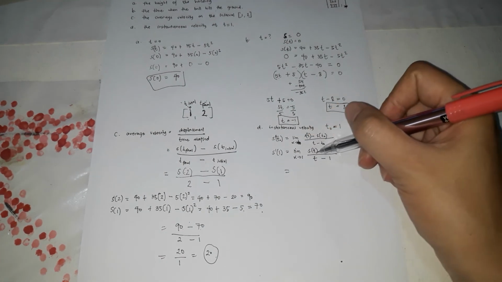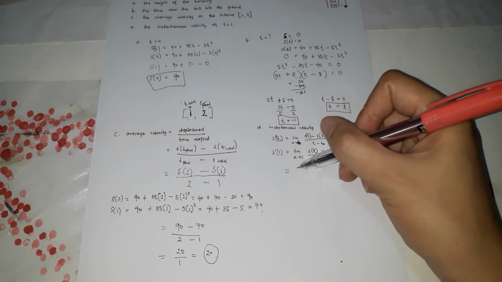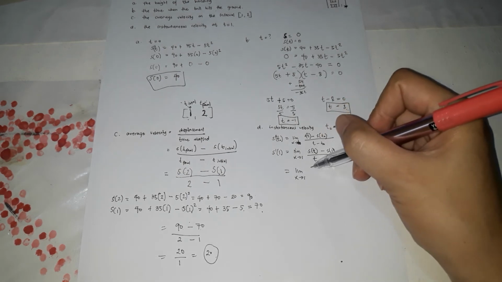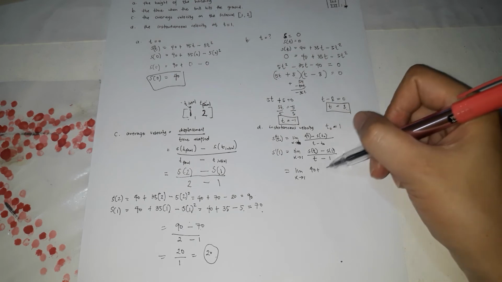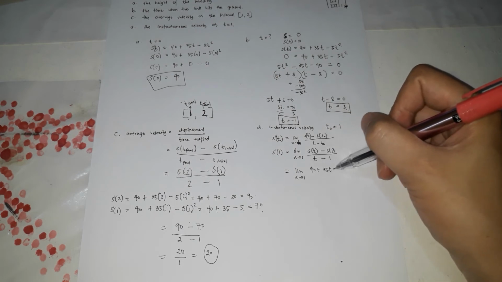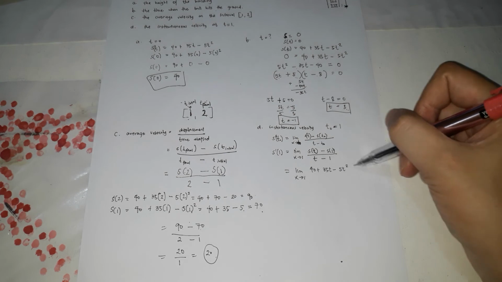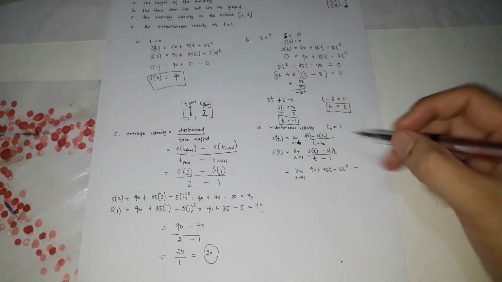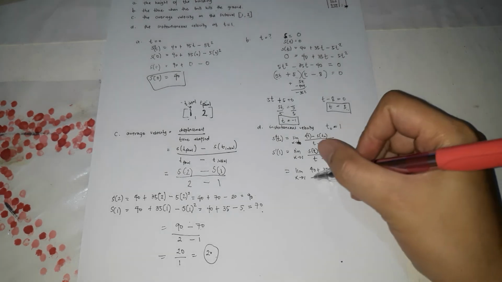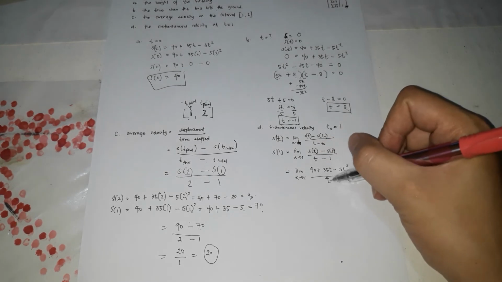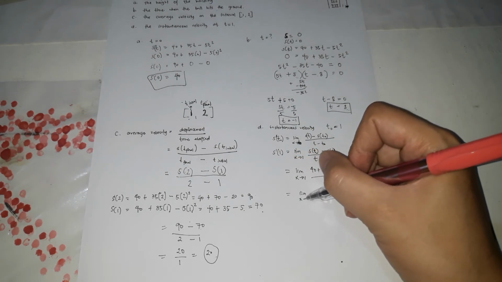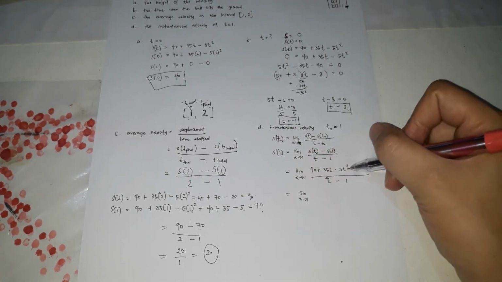Copy S of t, the limit as t approaches 1, S of t is the formula, minus S of 1, we have that already, so that's 70, over t minus 1.